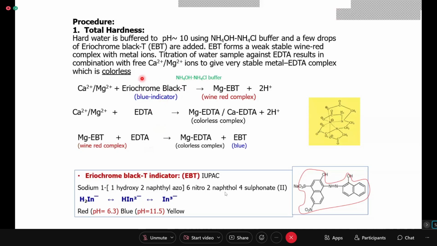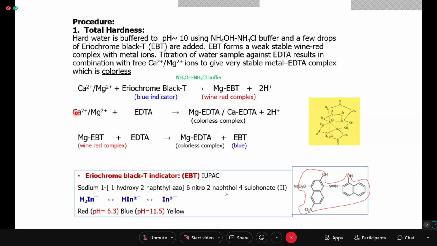When you add it to your hard water, the moment it combines with calcium and magnesium, since this indicator also has complexing capacity, it forms a wine red colored complex, and this magnesium EBT is more stable than calcium EBT. The stability constants are higher for magnesium than for the calcium EBT complex, and you get formation of 2H plus.